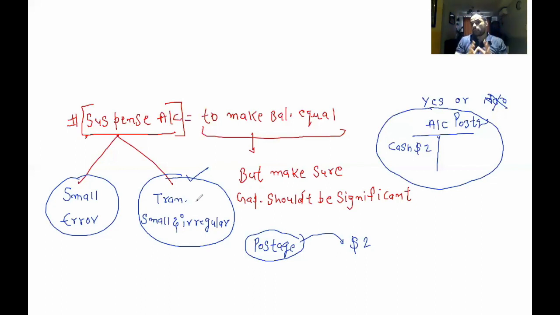It gives very big impacts, right? Nobody is going to ignore that $50,000, but $1, $2 is a small number, so it's acceptable to write down in a suspense account. That's the idea behind suspense accounts.